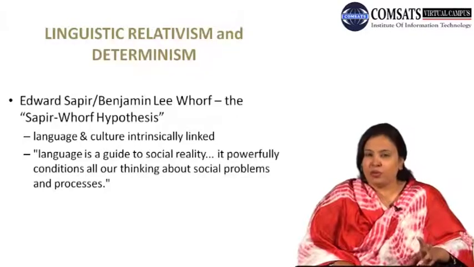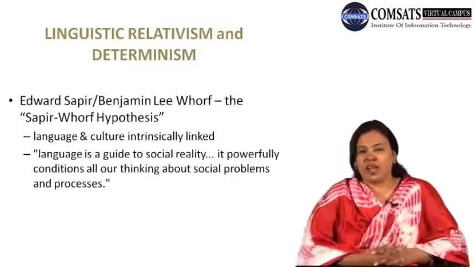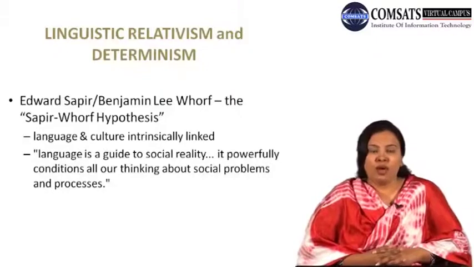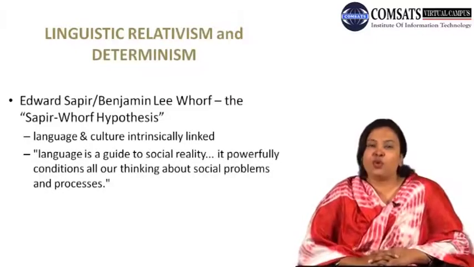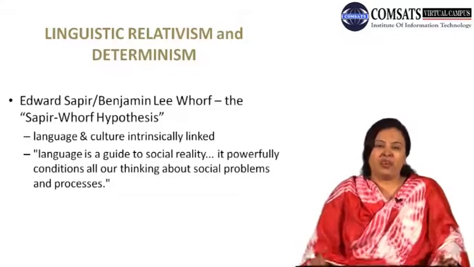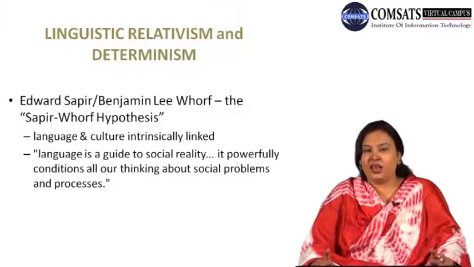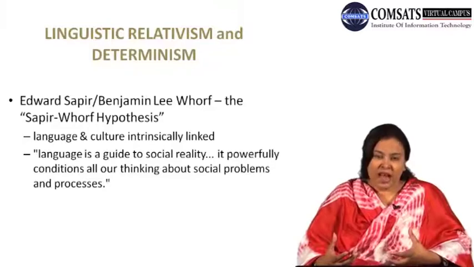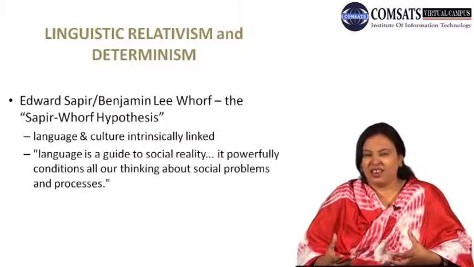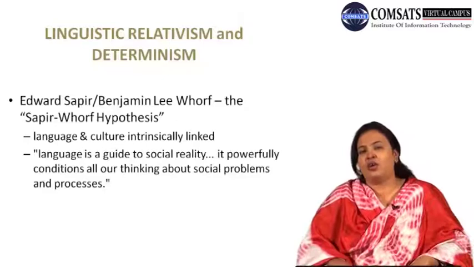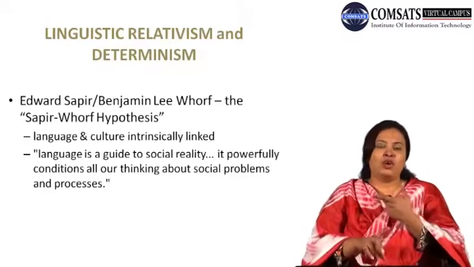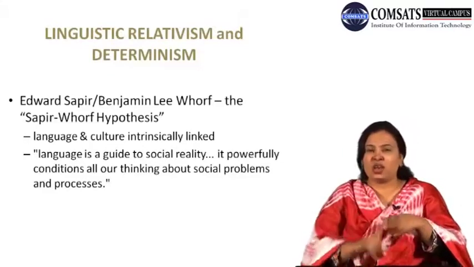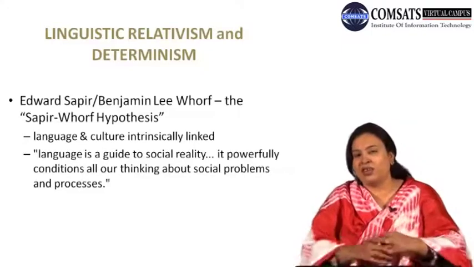The proponents of this theory, Edward Sapir and Benjamin Lee Whorf, the structuralists, talk about this relationship between language and society in a very prominent way. They establish that language and culture are intrinsically linked. For them, a language cannot exist without a society, and a society cannot exist without a language.